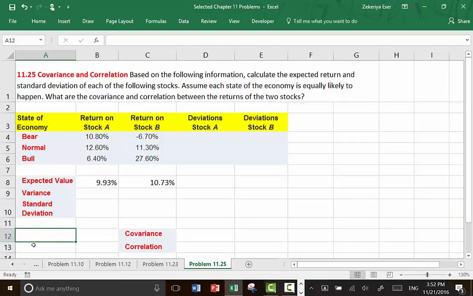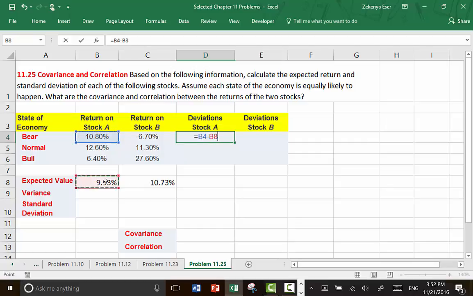I need to calculate the variance first, so let's calculate the deviations from the expected return minus expected value.